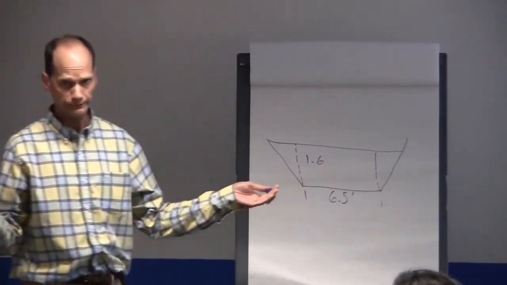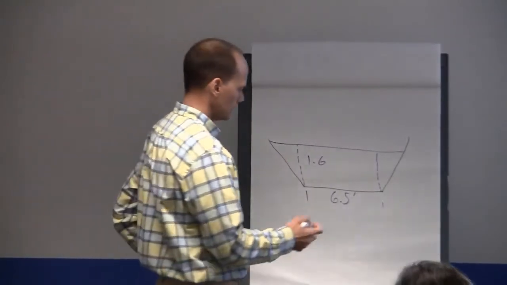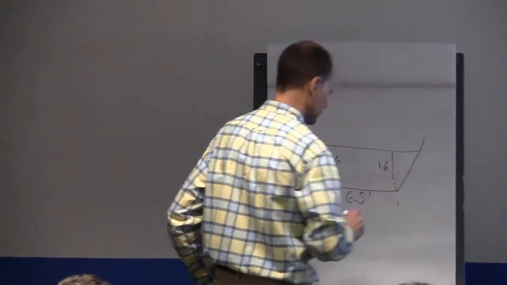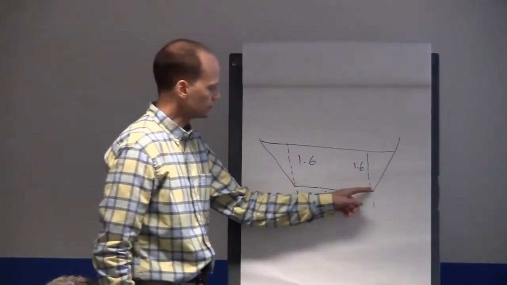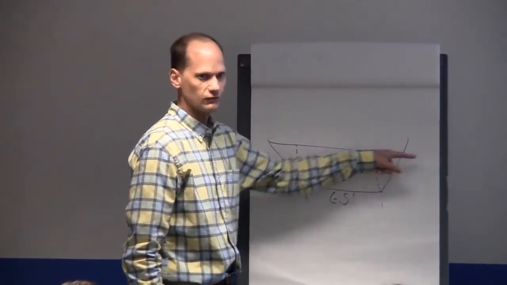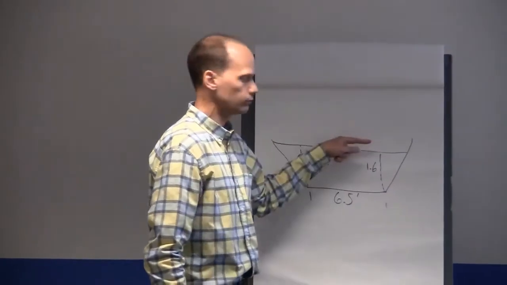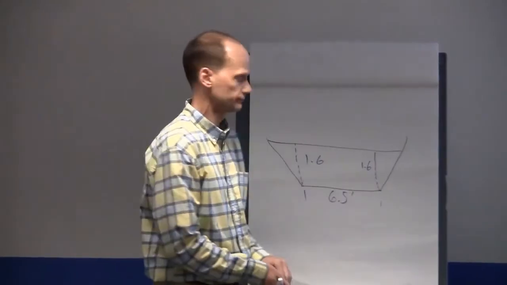Now I have to do the two triangles. Well, I know this is 1.6. So if this comes up 1.6, it goes over twice that, right? Because the ratio of the side slope is 1 vertical, 2 horizontal. So if it comes up 1.6, it goes over 3.2. So this is 3.2.